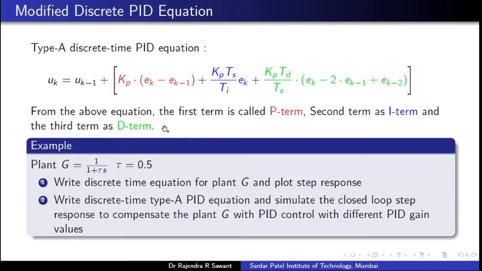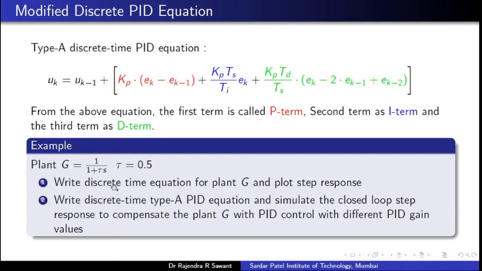Now we want to show with the help of MATLAB that this discrete time equation can be implemented, and also one can demonstrate how the PID compensator improves the overall closed loop performance of the system.